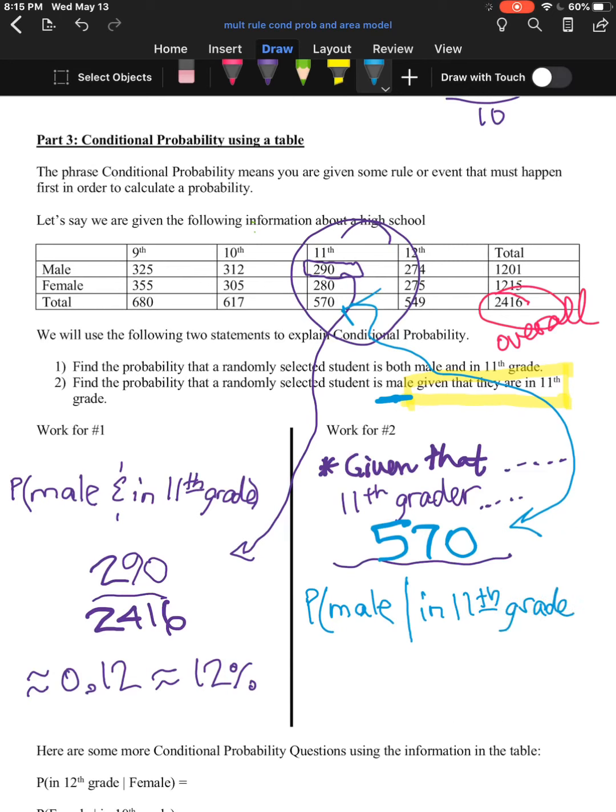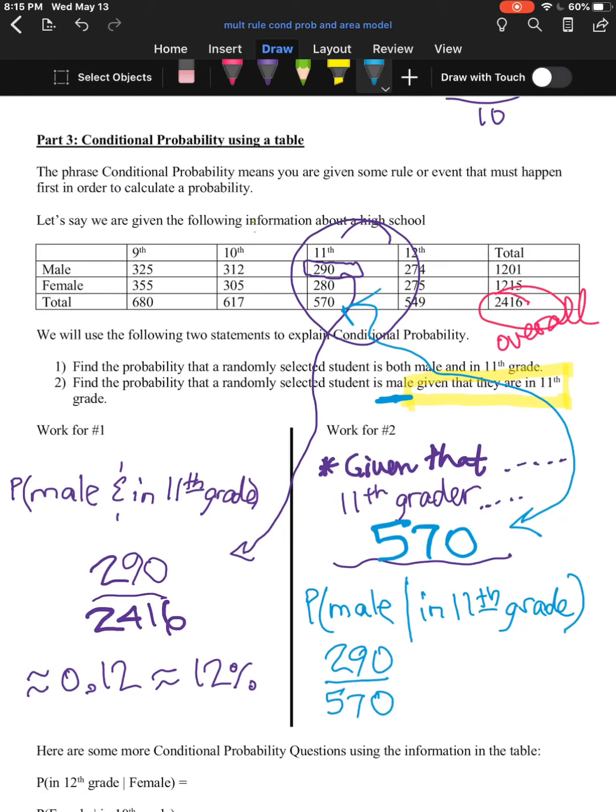So given that we have an 11th grader definitely, I know my student pool is less than 2416, it's 570. And then the males that are 11th graders is going to be my numerator. So 290 goes up here.